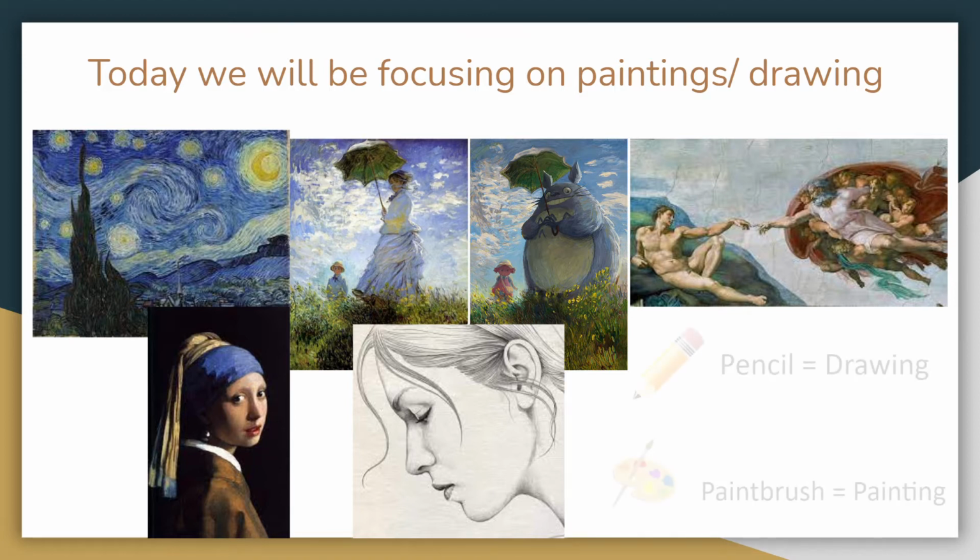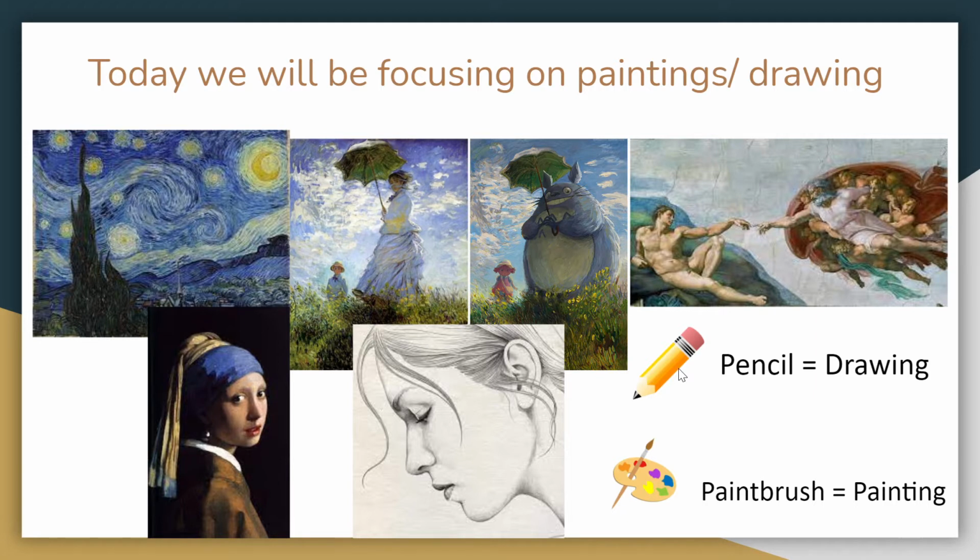Now, if we remember, I'm sure you all know this, but if art is made with a pencil, it is a drawing, and when art is made with a paintbrush, it is a painting. So here we have a very nice drawing, and then of course we have some other paintings like Van Gogh here. So let's get into it. Let's learn about some art.